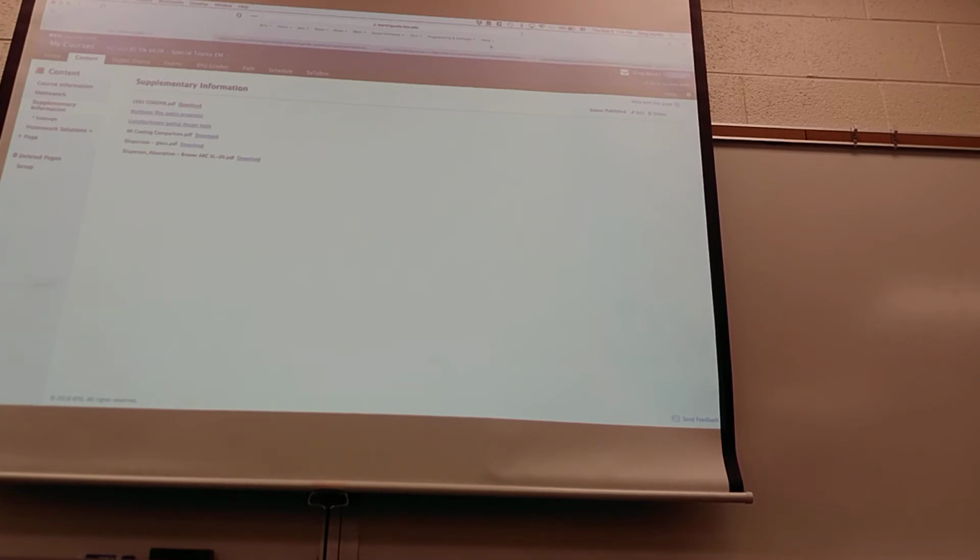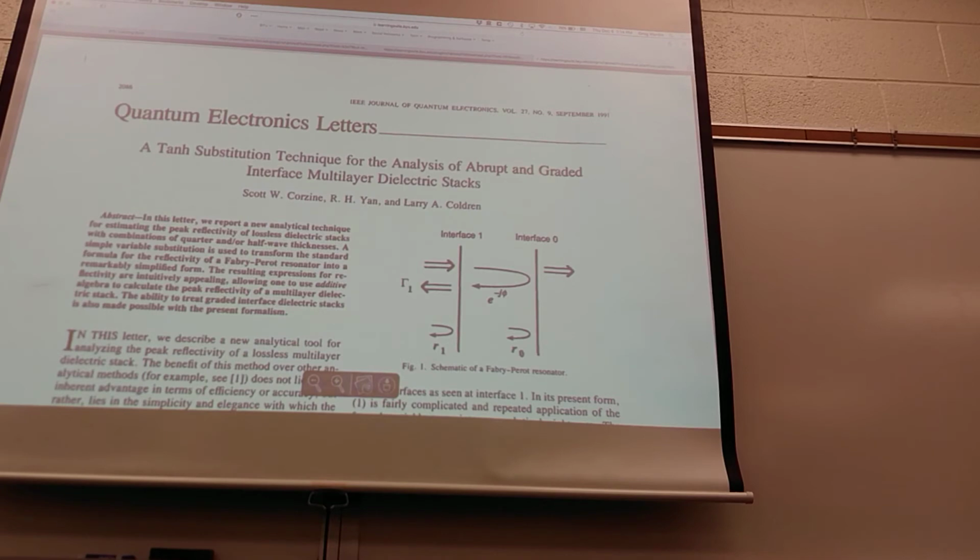So what we're going to do is pull out this old paper. This paper is by some folks at UC Santa Barbara. And basically, it's going to use a trick to be able to analytically analyze multi-layer stacks.